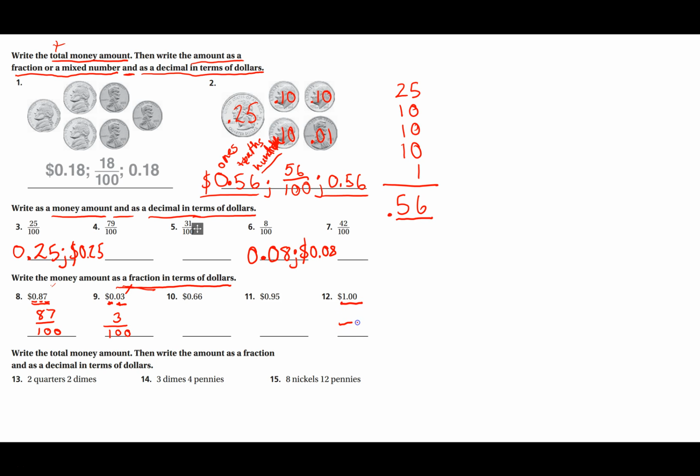So we want to say out of 100, and well, out of the hundreds, because look, even though this is 1 whole, they did put how many tenths there are and how many hundredths there are. So we're looking at this as 100, and then what place is the last number in? Remember, the last number tells you what the denominator is going to be. And the last number here, even though it's 0, is in the hundredths place.